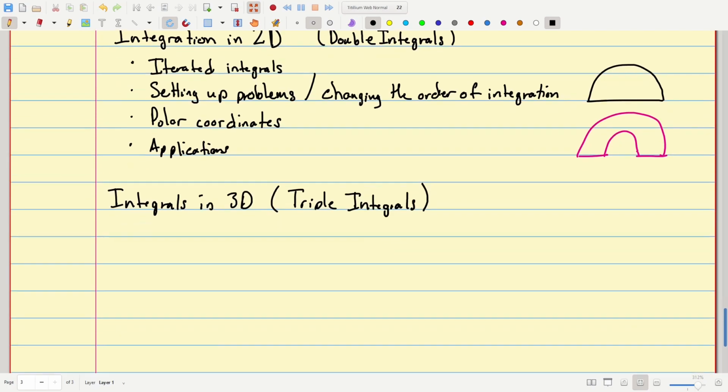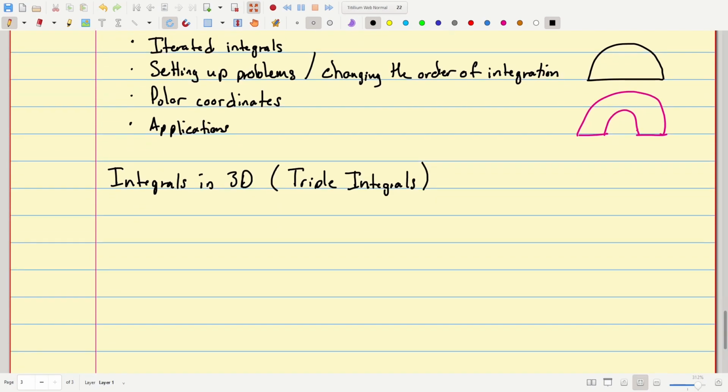There will be 4 triple integrals. The problems on this exam are going to be a little bit longer just due to their nature.